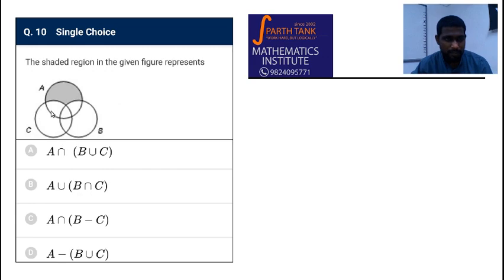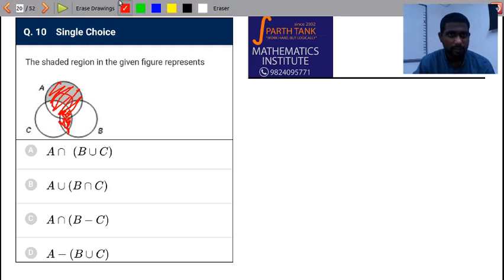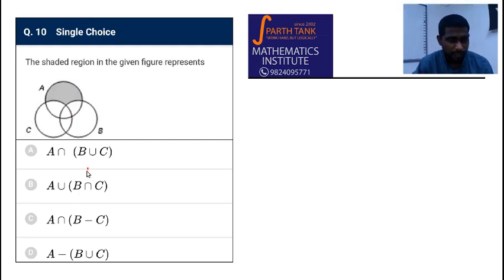A union B intersection C: A would be the whole thing, B intersection C would be this part. So all this area. So not the area that we know.